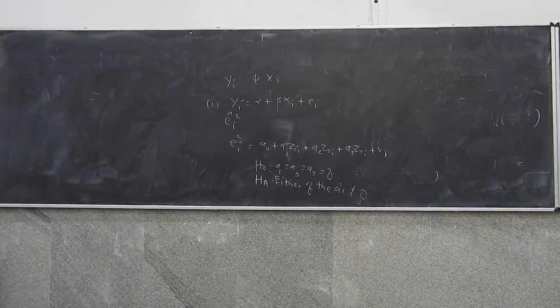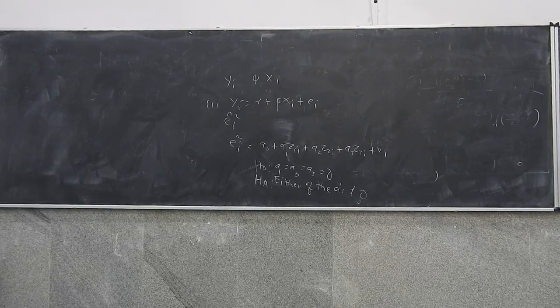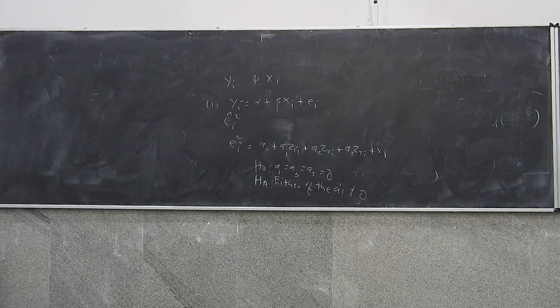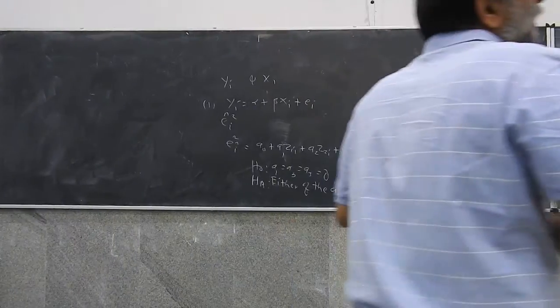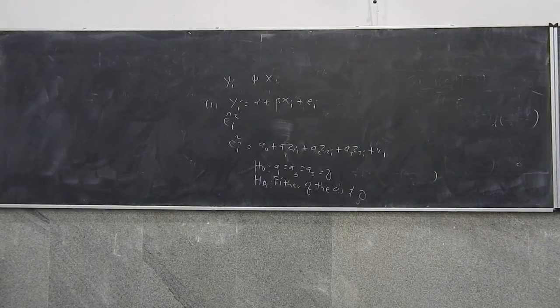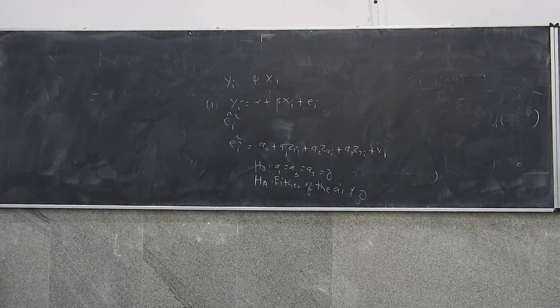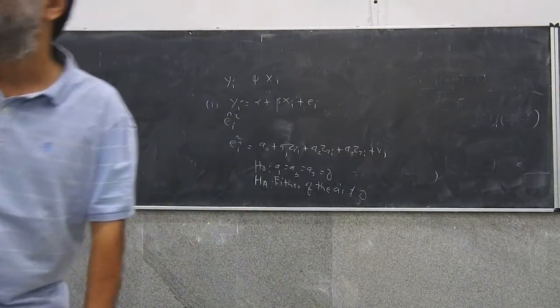So if at least one of the a_i is not equal to 0, then clearly sigma i square depends upon z_i. So the null hypothesis is that all the a1, a2, a3 are equal to 0. How do you test this null hypothesis? You have to test a restriction on z1, z2, z3. How do you test those restrictions?